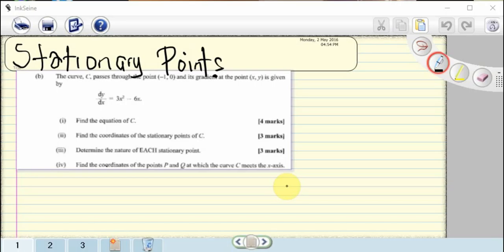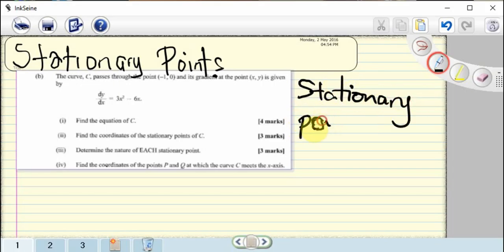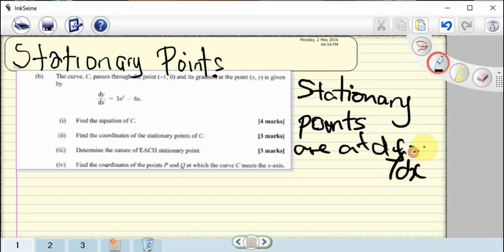Alright, so recall that stationary points are at dy by dx equals 0. We are given dy by dx, that is 3x squared minus 6x. So at this point where it's equal to 0, we can find the stationary points.